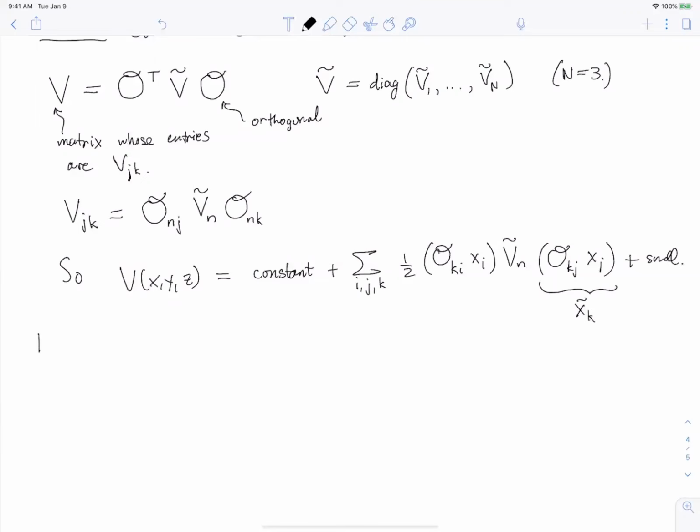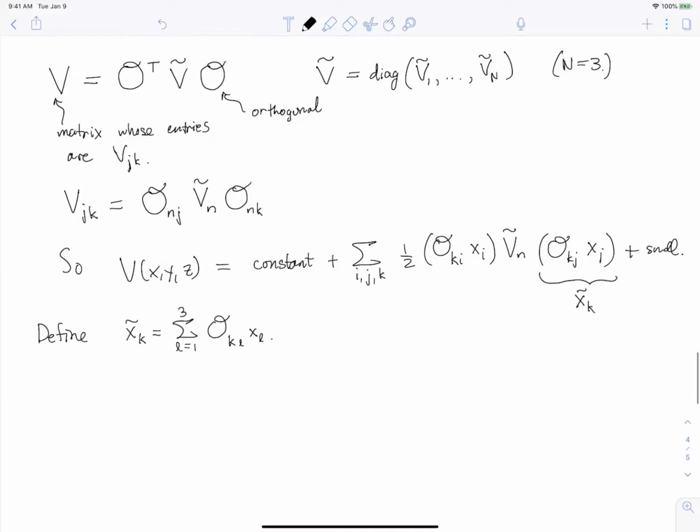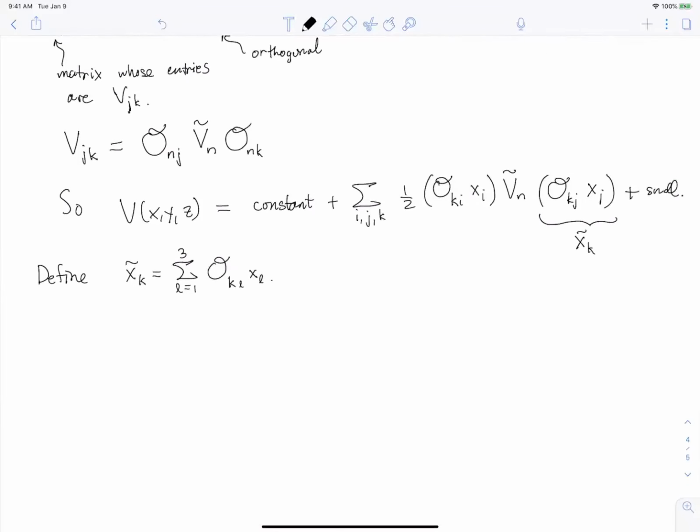So we're going to define x tilde of k is sum over, let's call it L, equals 1 to 3 of our orthogonal matrix KL times x sub L. And we're going to do the same thing for the momentum. So P tilde K is sum L equals 1 to 3. We're going to use the exact same orthogonal matrix for the P's, for the momenta.